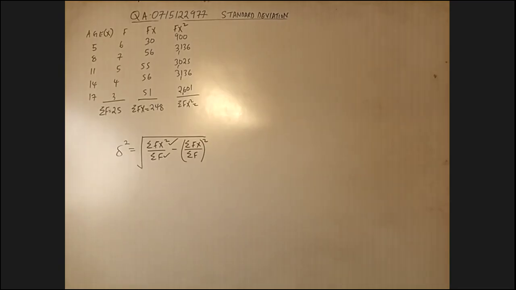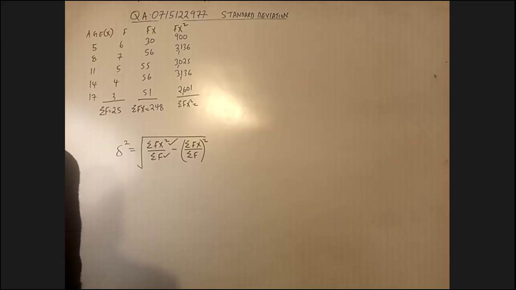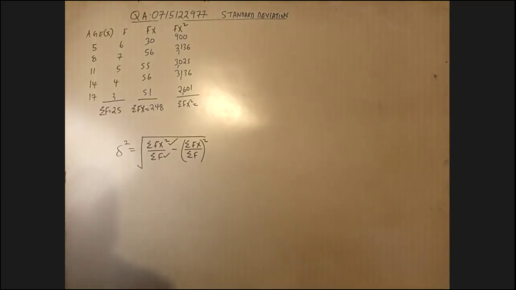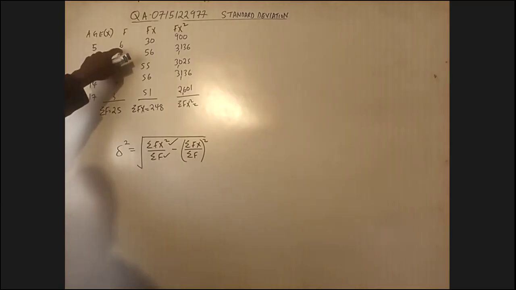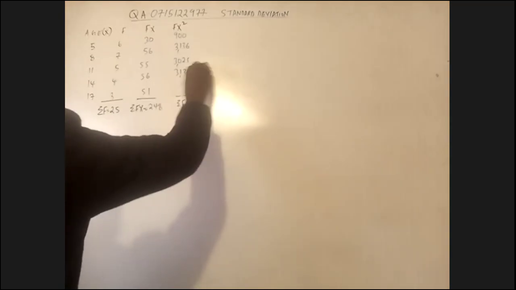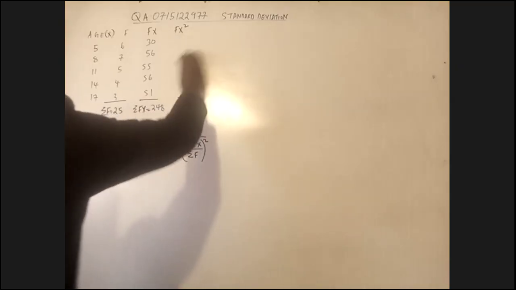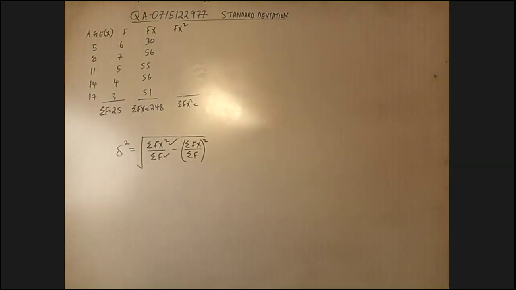Now, what do we do? We say 30 times 6 squared, isn't it? No. We say 5 times 6 squared. Is that correct? Yes, we have a squared there.